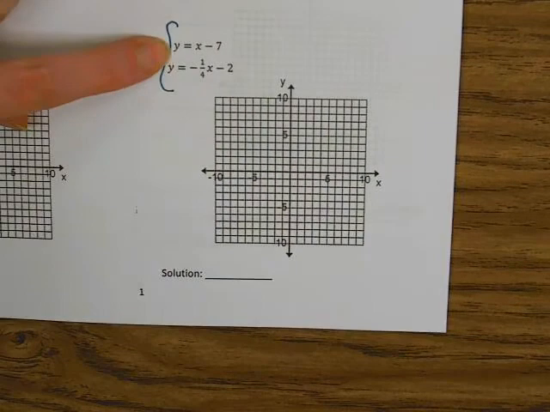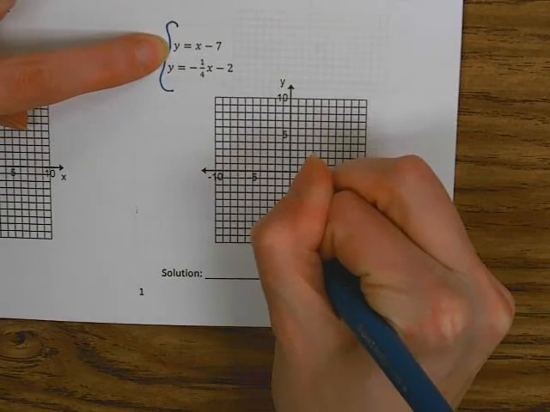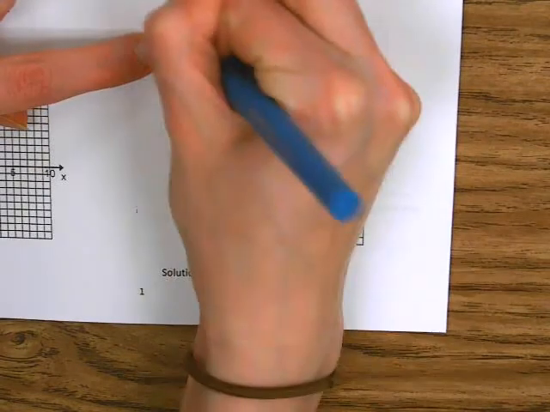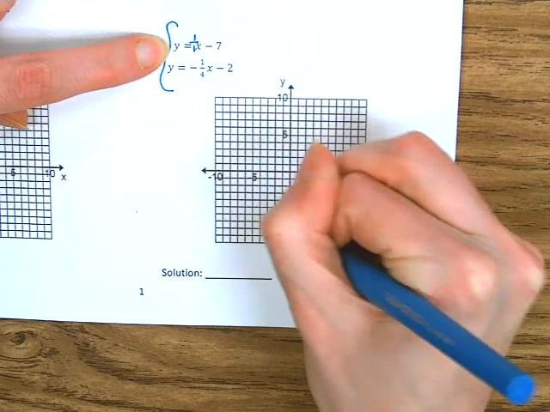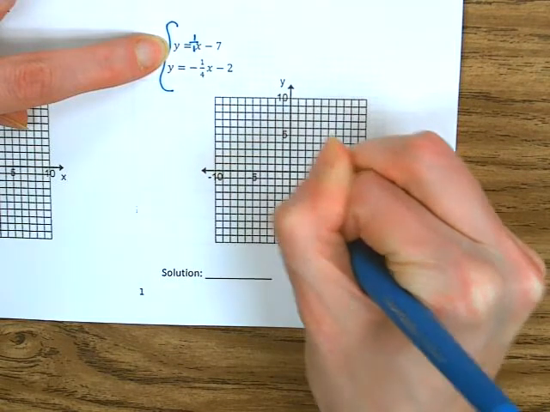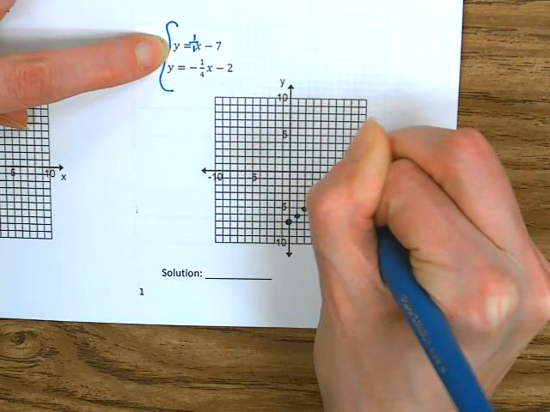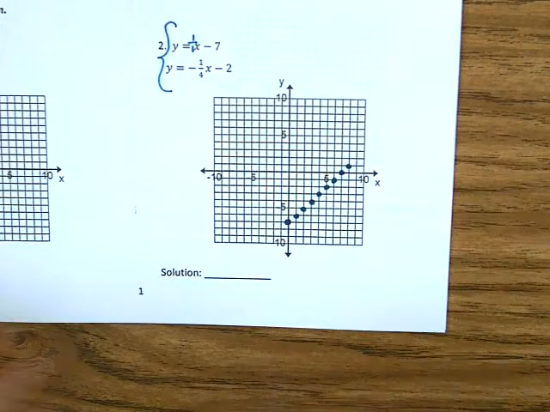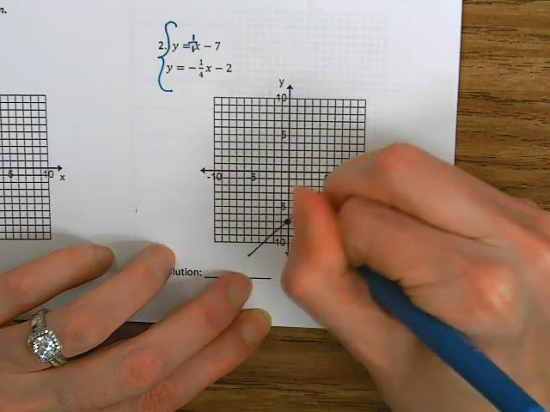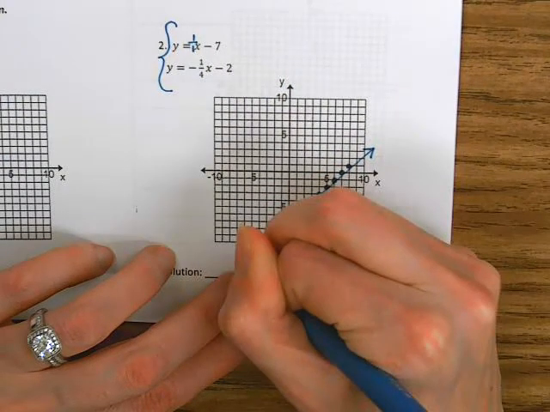So y equals mx plus b, begin down at negative 7 and the slope is 1 over 1. So up 1, right 1, and I'm going to actually keep going for quite a while and I'm going to make my line.